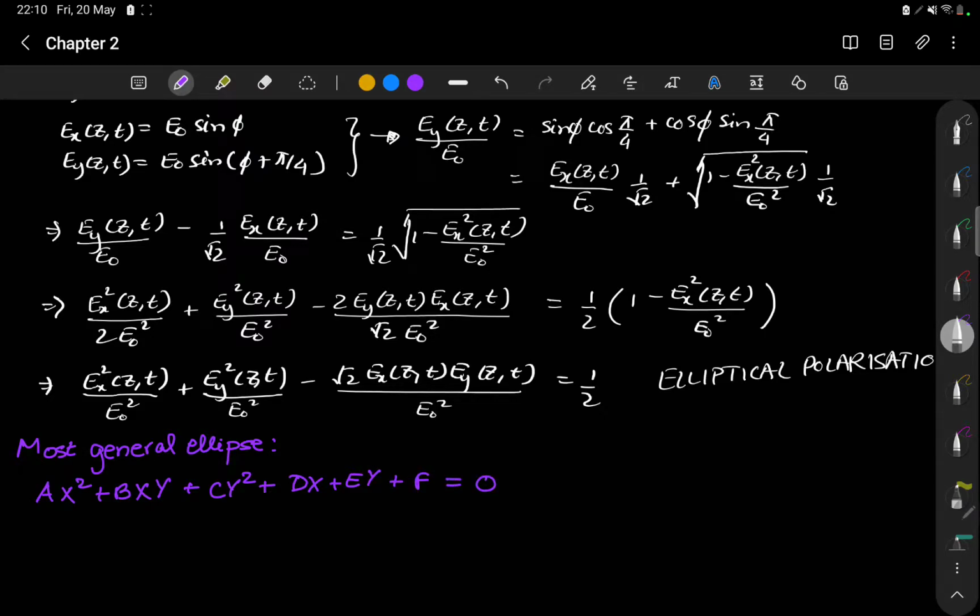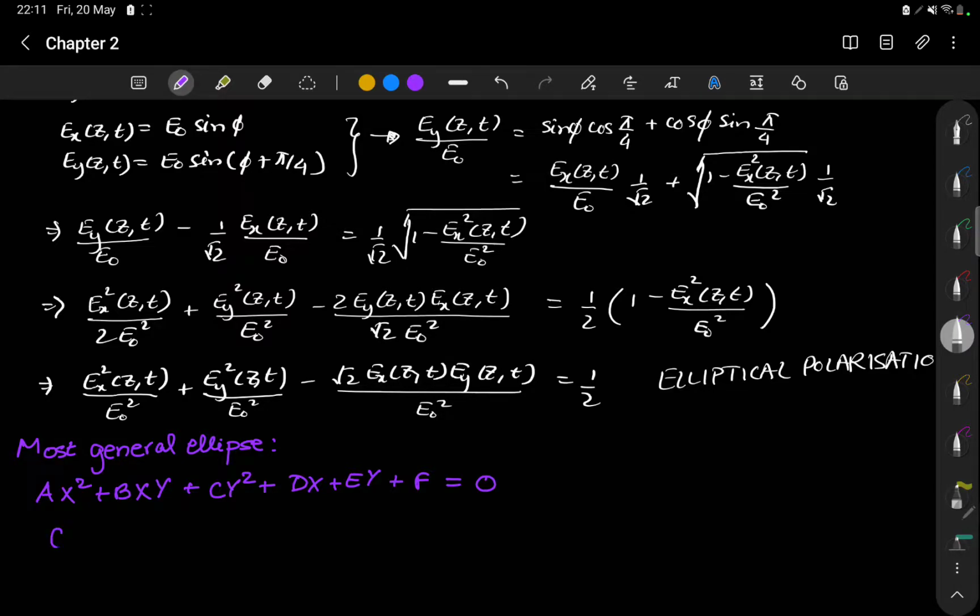This is the most general ellipse. Now in this case, the angle the major axis makes with the x-axis is given by the following expression.